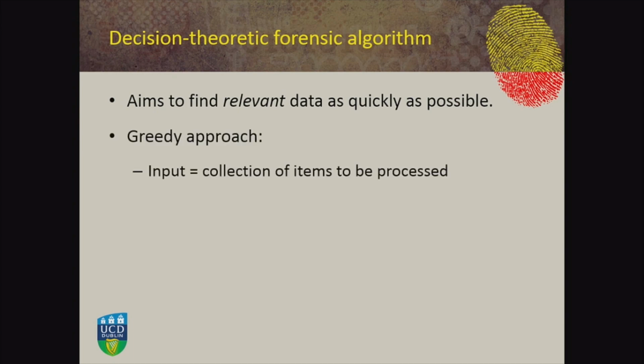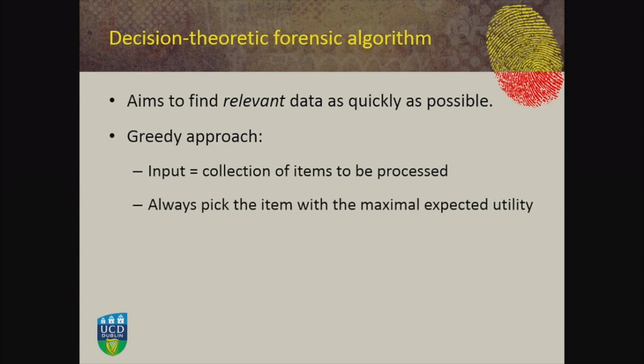So basically, the input is a collection of data items to be processed, say, all of the disk blocks on the drive. At each step, we pick the item for processing with the maximal expected utility of the information that it probably contains. And then we keep doing this, processing items one by one, until there are no more items to process.